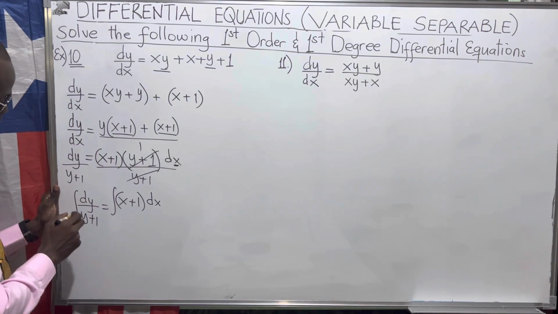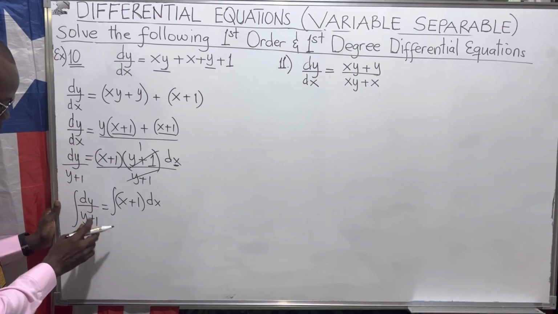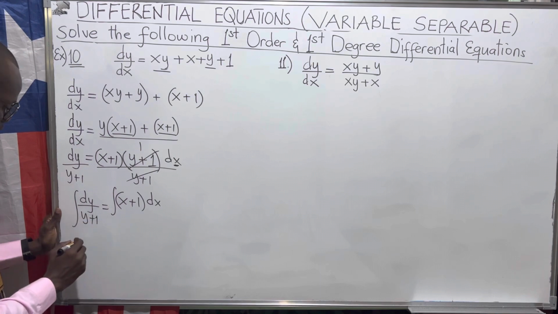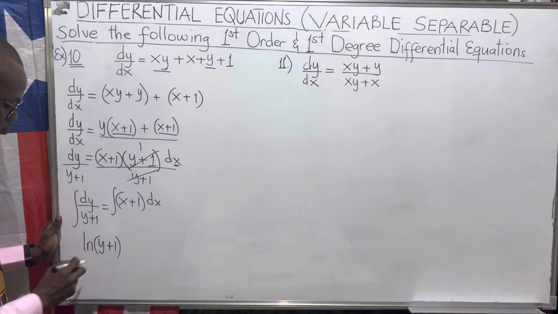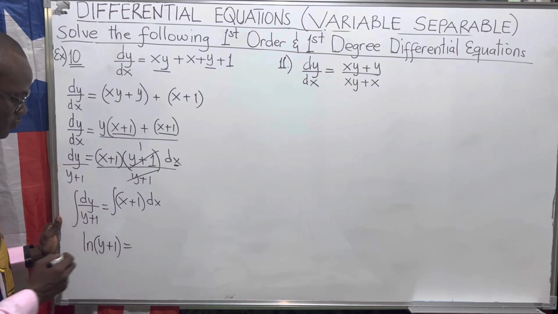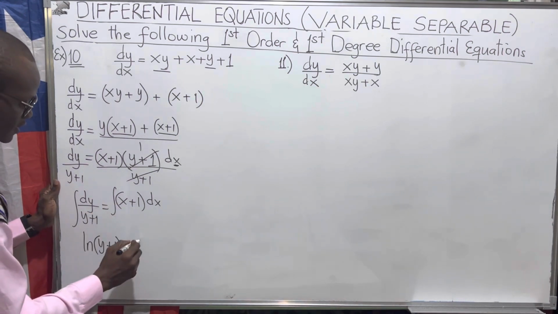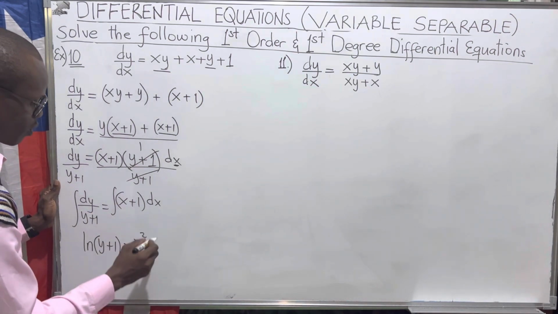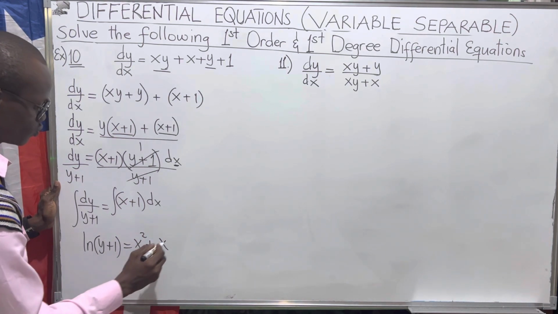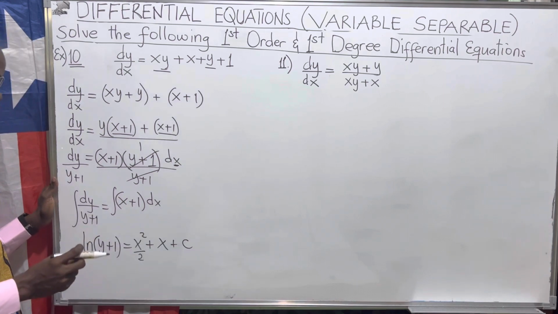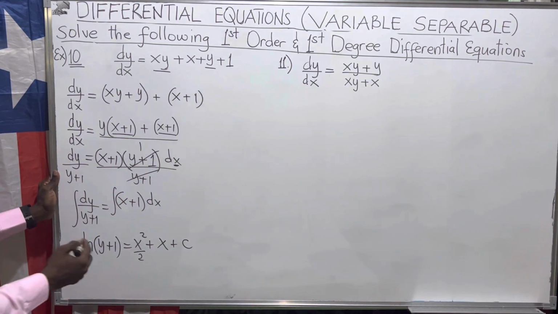So the integral of dy by a linear expression, which is y plus 1, is just equal to the ln of that linear expression. Equals, the integral of x is just x squared over 2, and the integral of 1 is x, plus some arbitrary constant c. So now we want to solve for y.